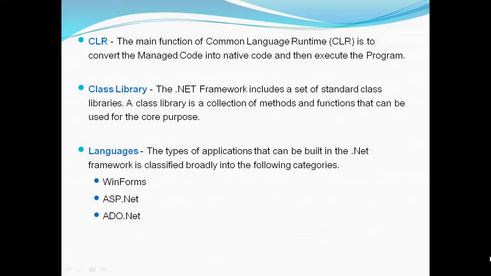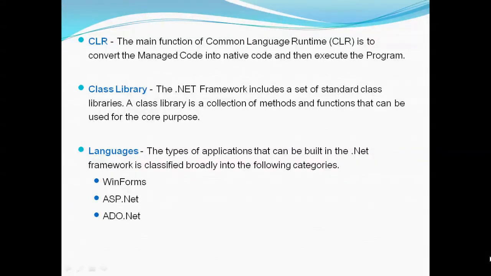Language. The types of applications that can be built in the .NET Framework are classified into the following categories: WinForms, ASP.NET, ADO.NET. What are these? WinForms is used for developing form-based applications which run on an end user machine.